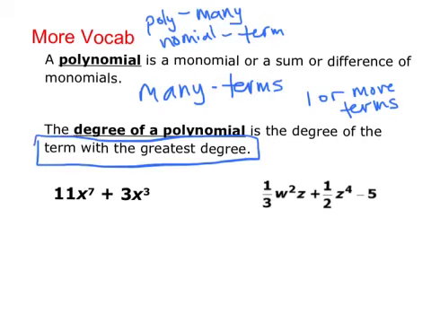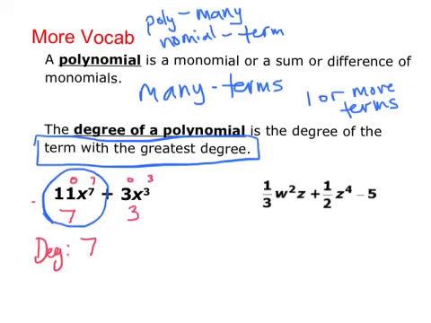So let's take a look at these. The first one here has a degree of 7 because this is 0 and this is 7. This is 0 and this is 3, so my degree here is 3. So the degree of my polynomial here is 7, because this one has the highest degree, so that's the whole degree of my polynomial.